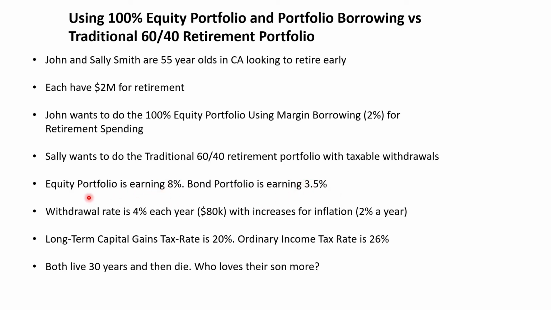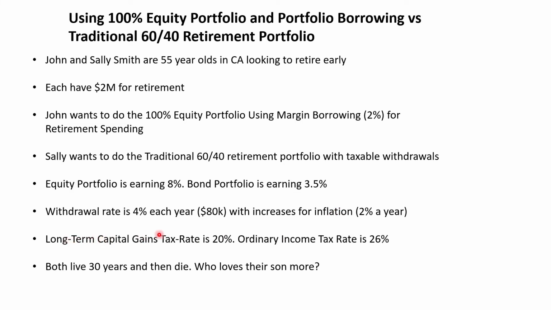The withdrawal rate is going to be 4% each year. Both have $2 million, so both are going to take out $80,000 with increases for inflation. We're using a 2% assumption here. The difference, obviously, is that John is borrowing it, so there are no taxable withdrawals, versus Sally, who is taking taxable withdrawals.